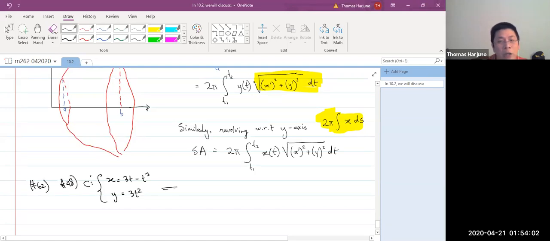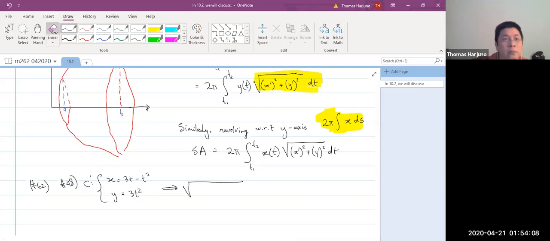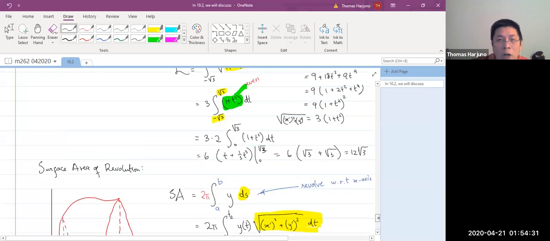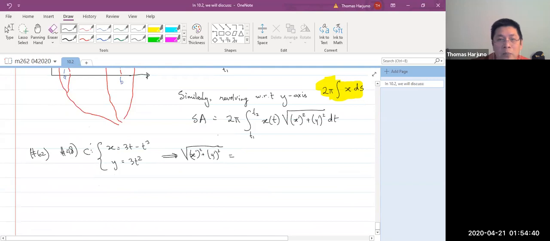Now the reason I picked this question is because then I can just use that square root of x prime squared plus y prime squared. That's equal to something we have earlier. We have that here. Same thing, right? Okay, that's 3 times 1 plus t squared.